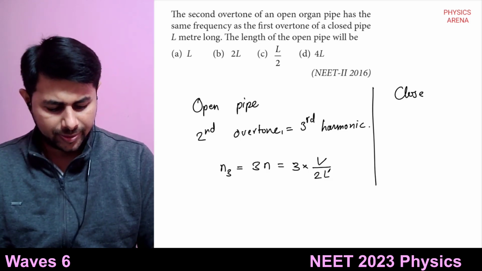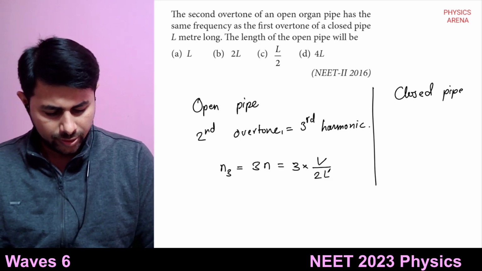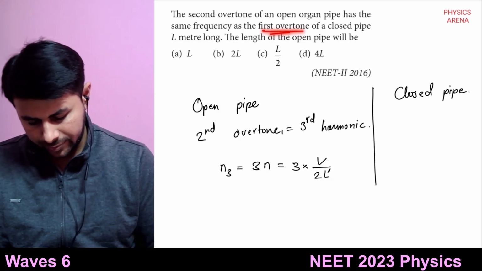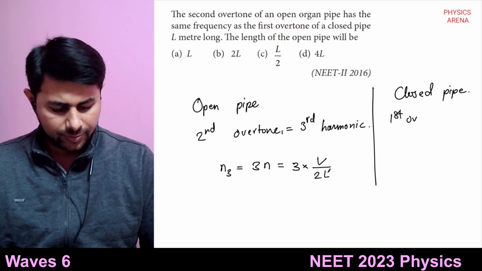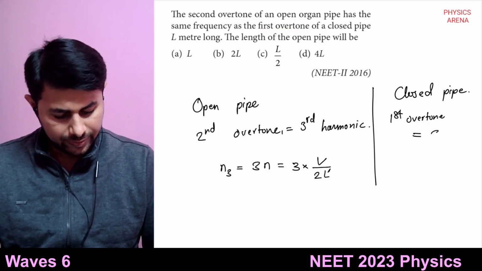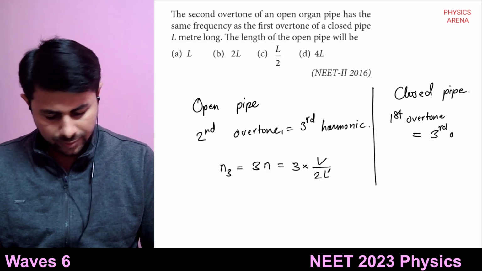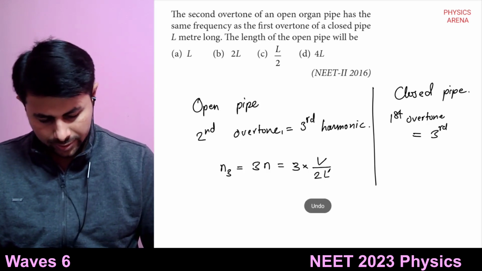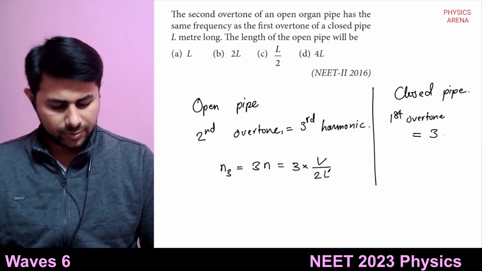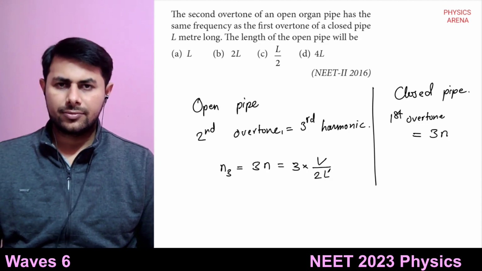For the closed pipe, what is the first overtone? First overtone equals third harmonic, or you can say it is 3 times the fundamental frequency.